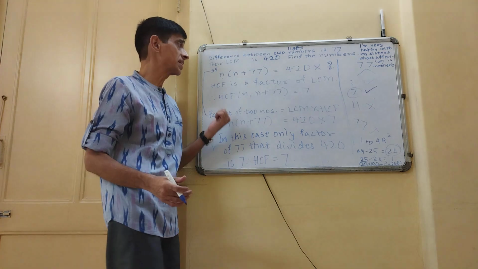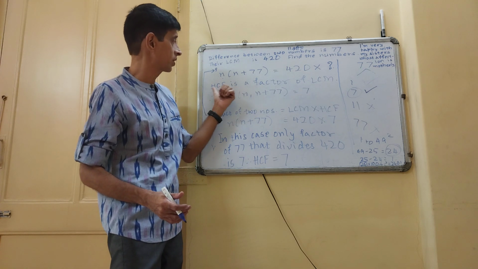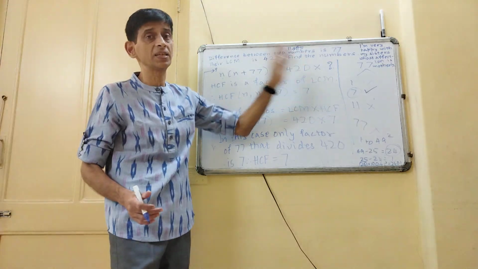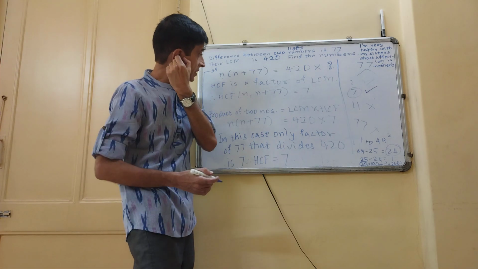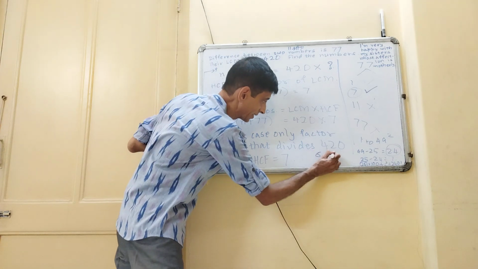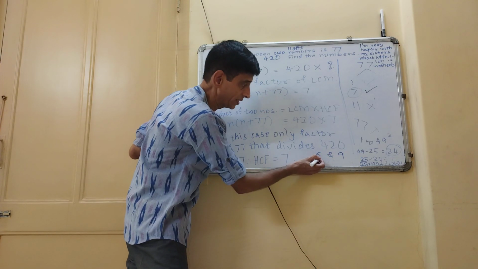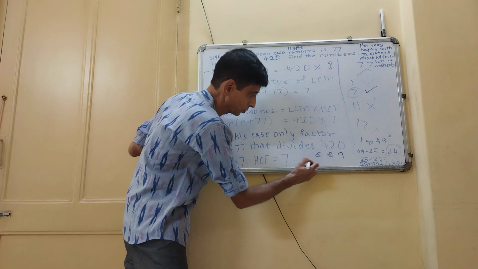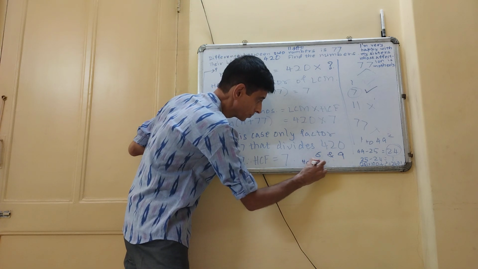So the key concept is that the HCF of two numbers is a factor of their LCM. Suppose I take the simplest example, 6 and 9. Their HCF is 3, since 6 is 3 twos and 9 is 3 threes. So HCF is equal to 3.